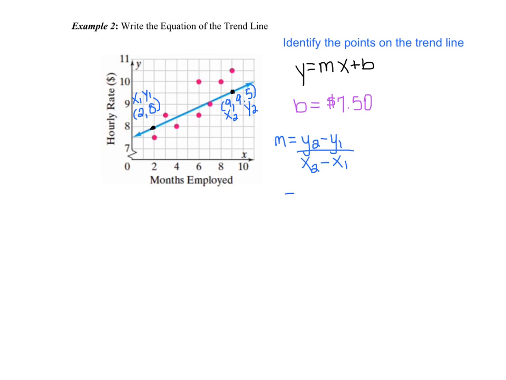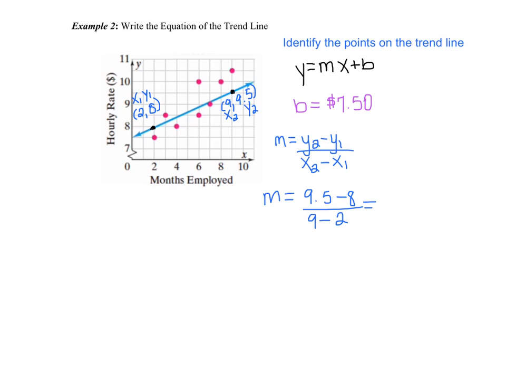So now let's plug it into the equation. M equals, our y2 is equal to 9.5 minus our y1 is equal to 8 over our x2 is equal to 9 minus our x1 is equal to 2.